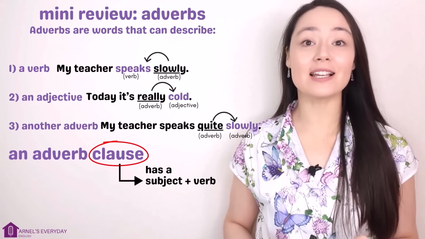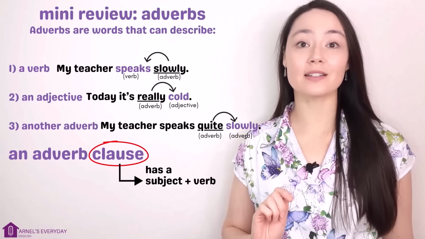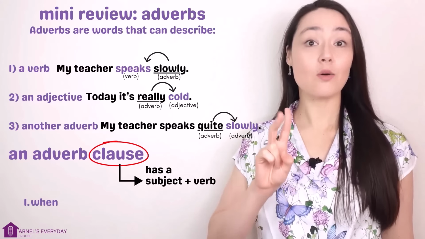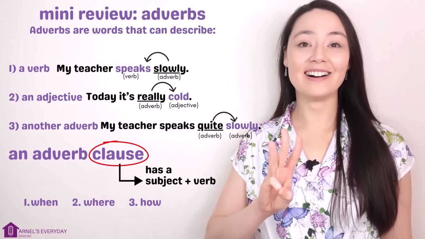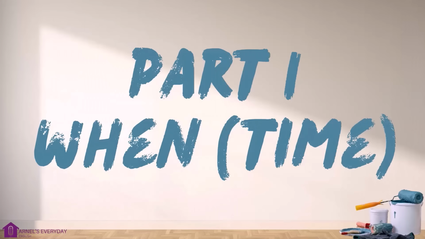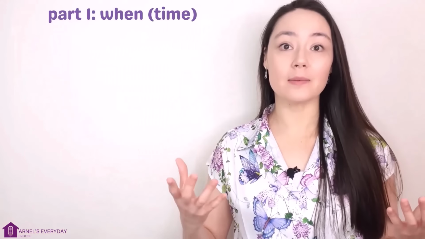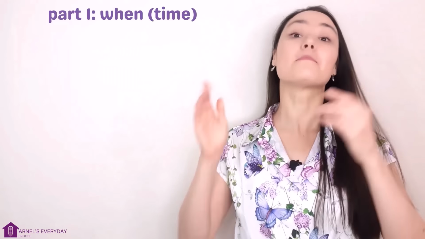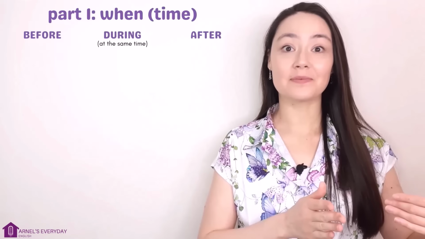I've divided this lesson into 4 simple parts. When, where, how, and why. Part 1, when, time. When it comes to the concept of time, we can think before, during, and after.